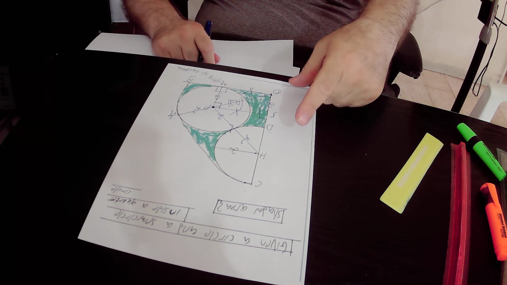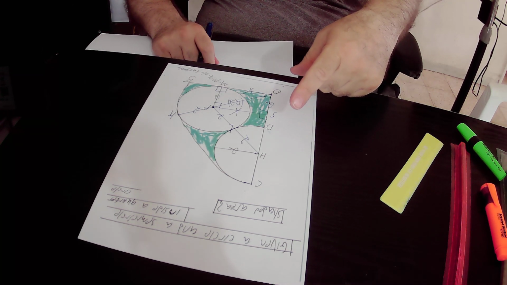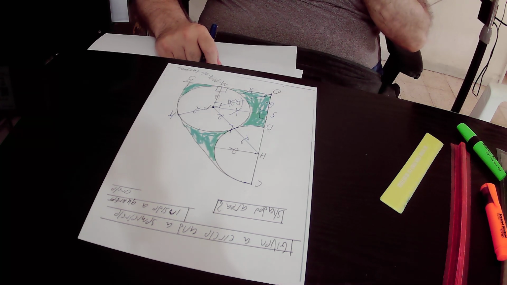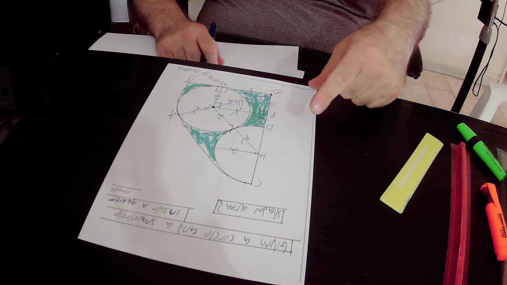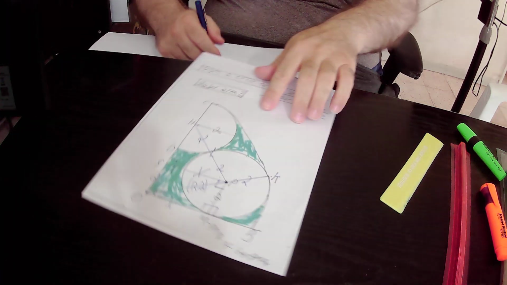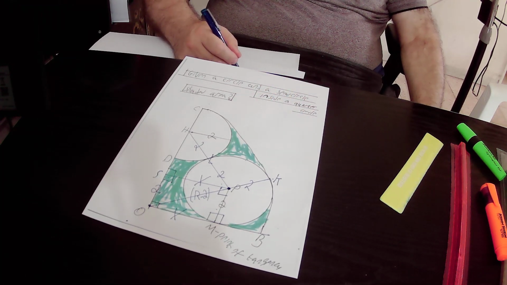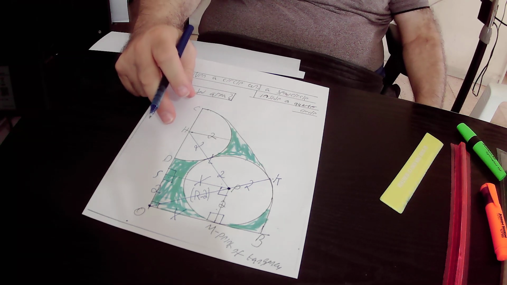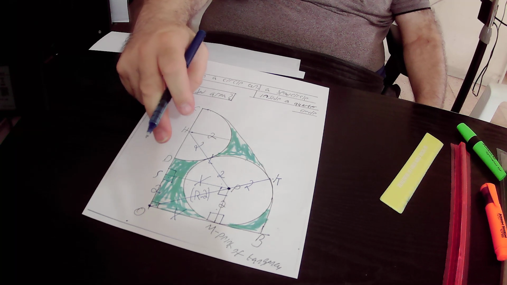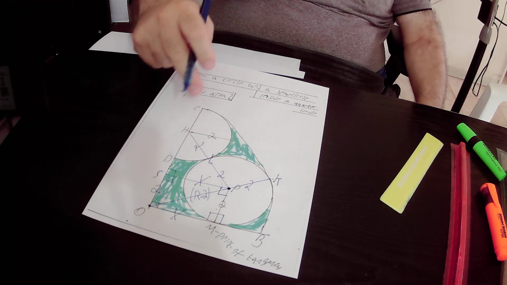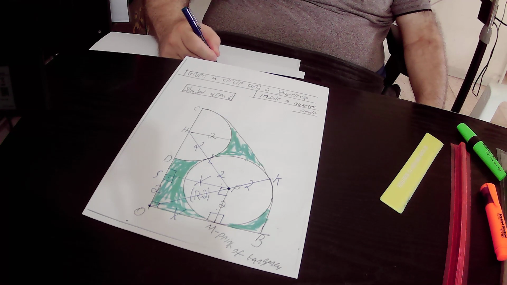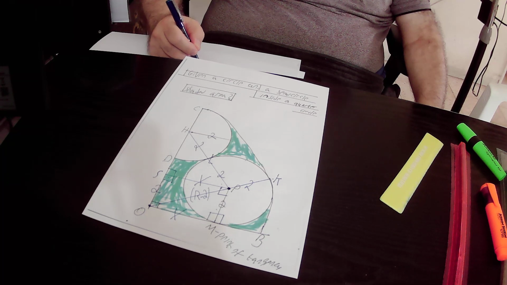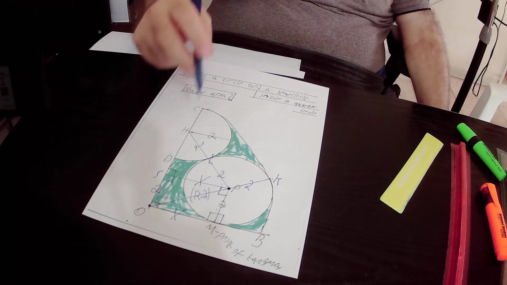And what is the value of edge HS? From the drawing it is very easy to see that HS equals CO, that is the radius of the quarter circle, minus CH, minus SO.